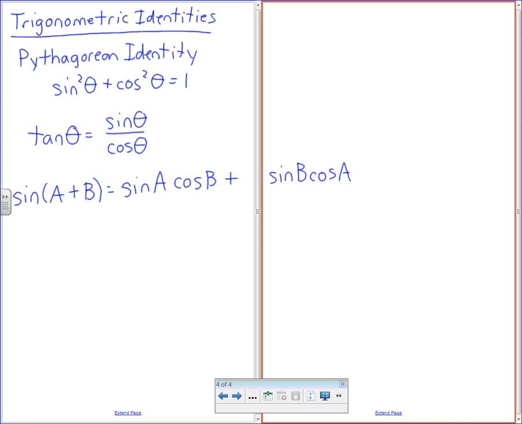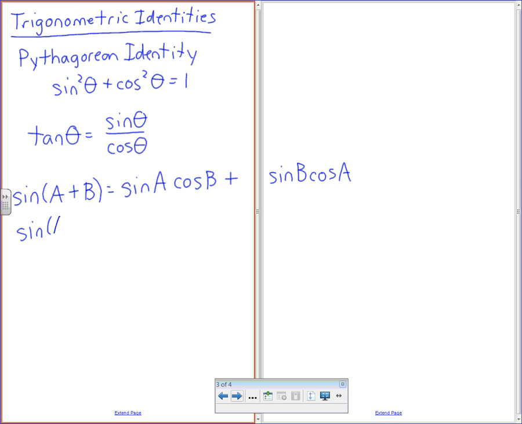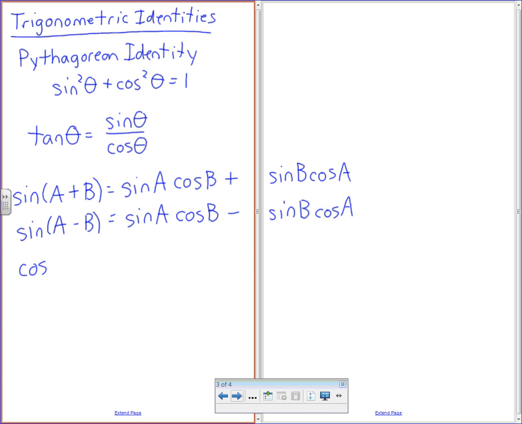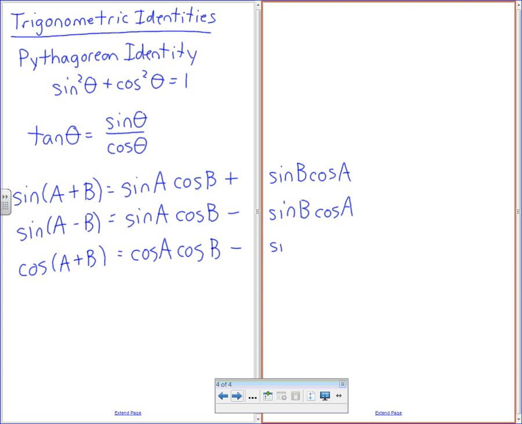Sine of A minus B. Yes, same thing. Cos of A plus B. And cos of A minus B.